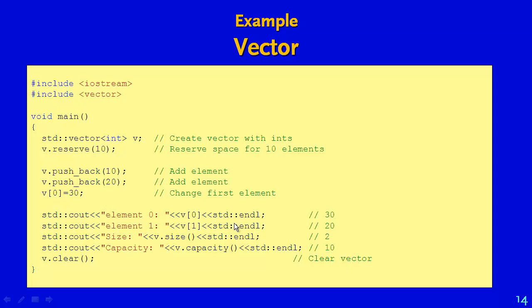The capacity is still 10, but the size is 2, and my first element is 30 and my second element is 20. If I clear my vector, the size becomes 0, but the capacity is still what it was originally, in this case 10.